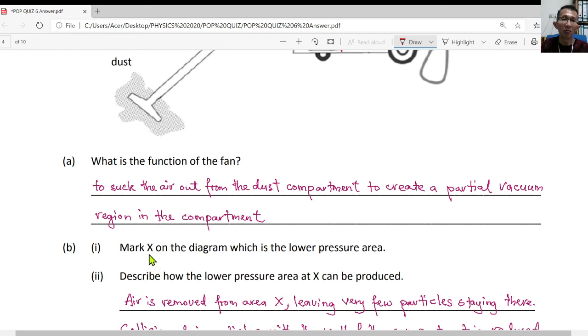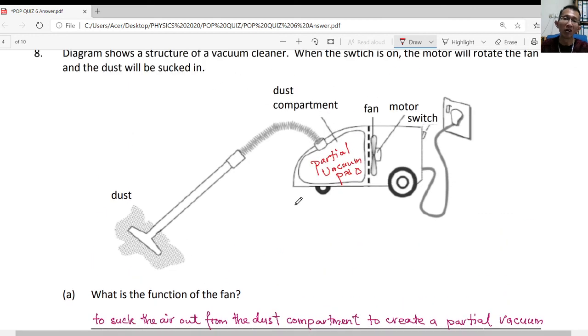Okay, B1, mark X on the diagram, which is the lower pressure area. So we have mentioned it just now. Here I have partial vacuum, so X is here, in this compartment. Not only in this compartment, here is also X. Here is X, here is X, here is X. Why do I mark all of these as X?